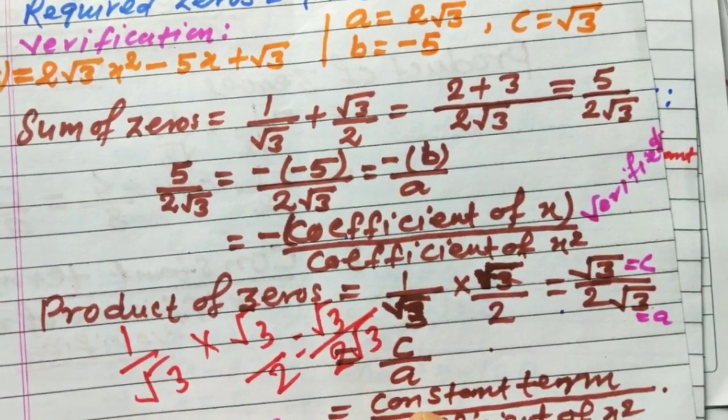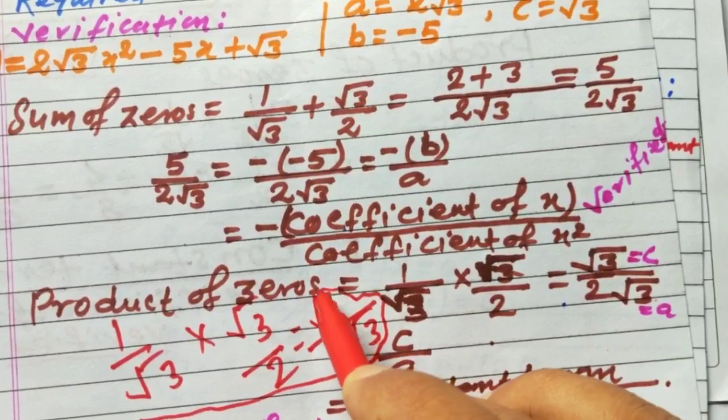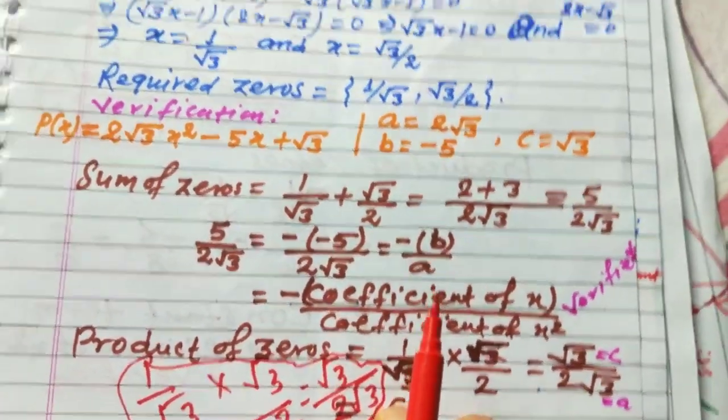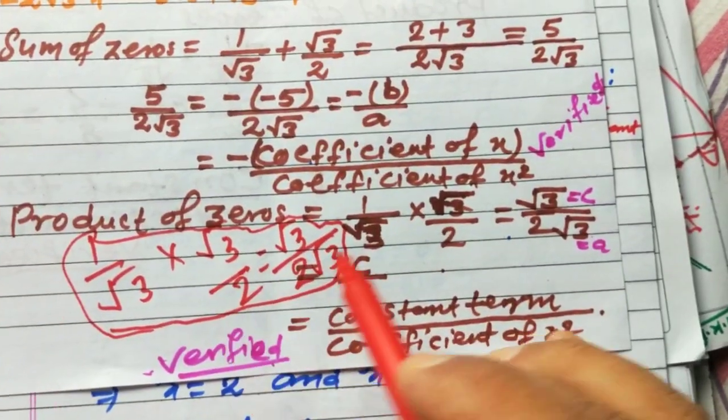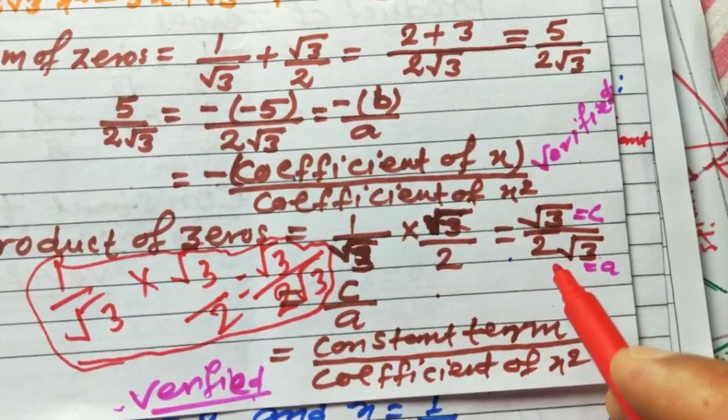So this is the rough work. So we have multiplied it, we get √3 by 2√3.